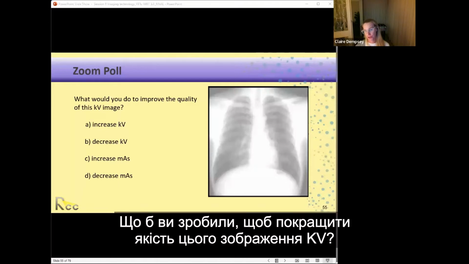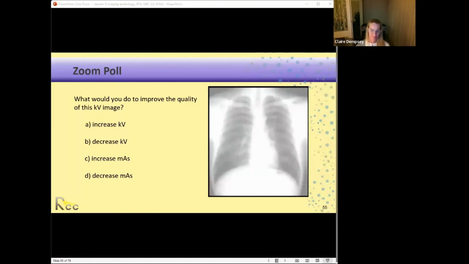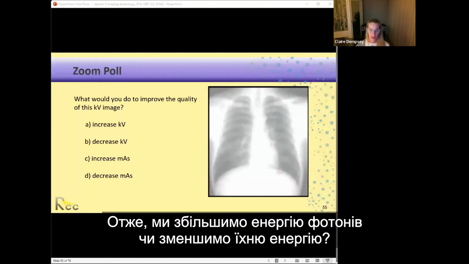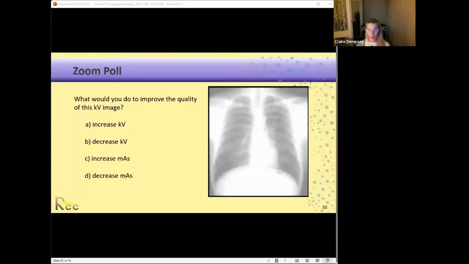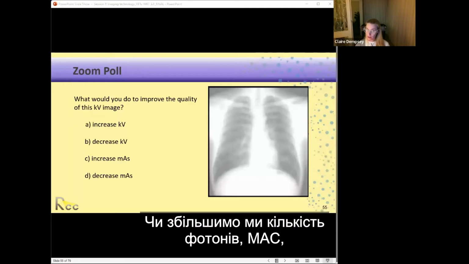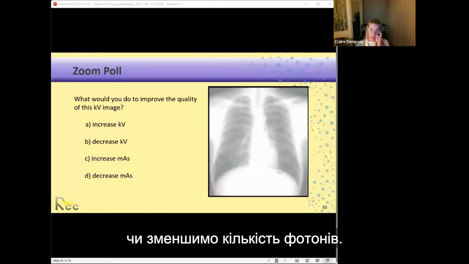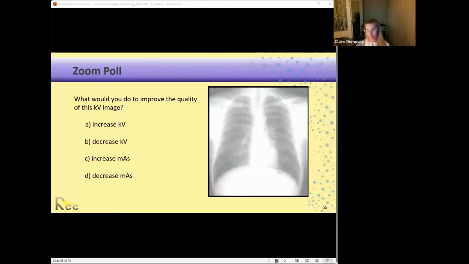So what would you do to improve the quality of this KV image? Would we increase the photon energy or decrease the photon energy? Would we increase the number of photons, the MAS, or decrease the number of photons?